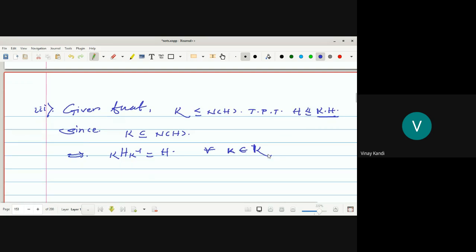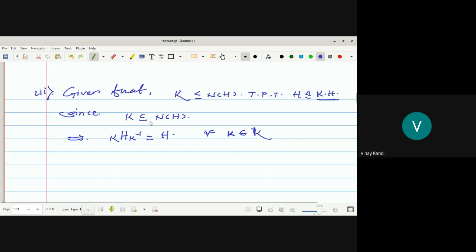Why? Because K is a subgroup of N of H, that means K is contained in N of H. Suppose this one is N of H, the normalizer of H, and this one is K. So every element of K conjugates with each and every element of the normalizer of H, that is H.